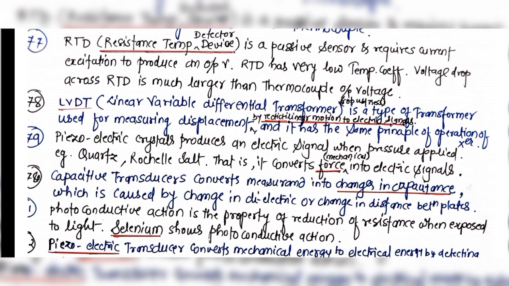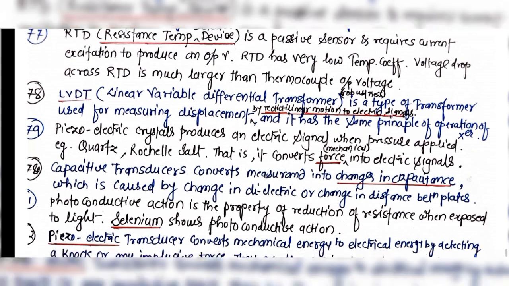Piezoelectric crystals produce an electrical signal when pressure is applied. For example, quartz, Rochelle salt, that is, it converts mechanical force into electrical signal. Capacitive transducers convert measurement into changes in capacitance, which is caused by change in dielectric or change in distance between plates.